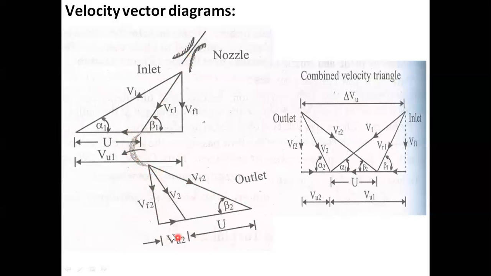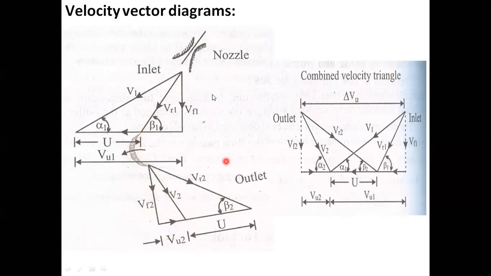All the parameters we know. This is VW2, the component of V2, so V2 has horizontal and vertical components, VW2 and VF2. The steam comes from this direction and leaves at this point in this direction. So this is the outlet triangle.